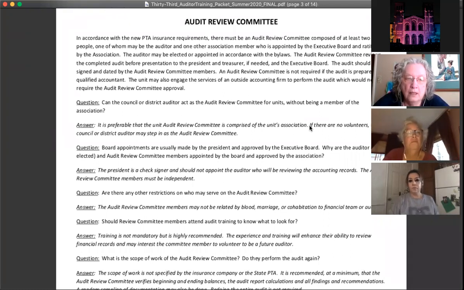Then there was a question: can the council or district auditor act as a review committee without being a member of the association? Yes. If you're an auditor and you don't have anyone to volunteer to be on your review committee, you may enlist the services of your council auditor.